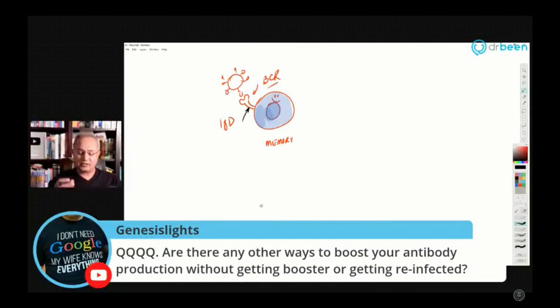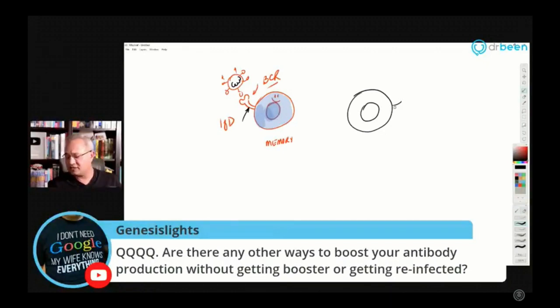Let's say this B cell knows how to connect with SARS-CoV-2 and how to make antibodies against SARS-CoV-2. Let's make one more B cell here. This is another B cell.